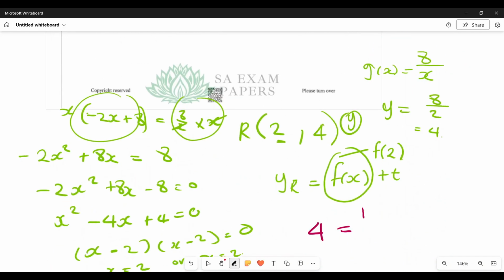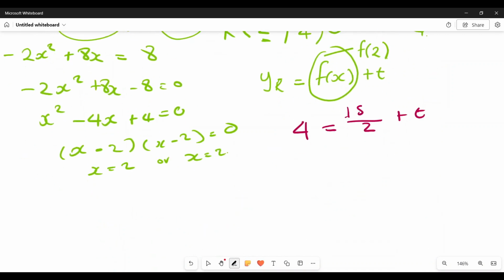So this is equal to 15 over 2. And now we're going to solve for this value of t. I'm going to take 15 over 2 to the other side to become negative, and this would be equal to my value of t. So 4 minus 15 over 2 should be negative 7 over 2. And this would be your final answer.